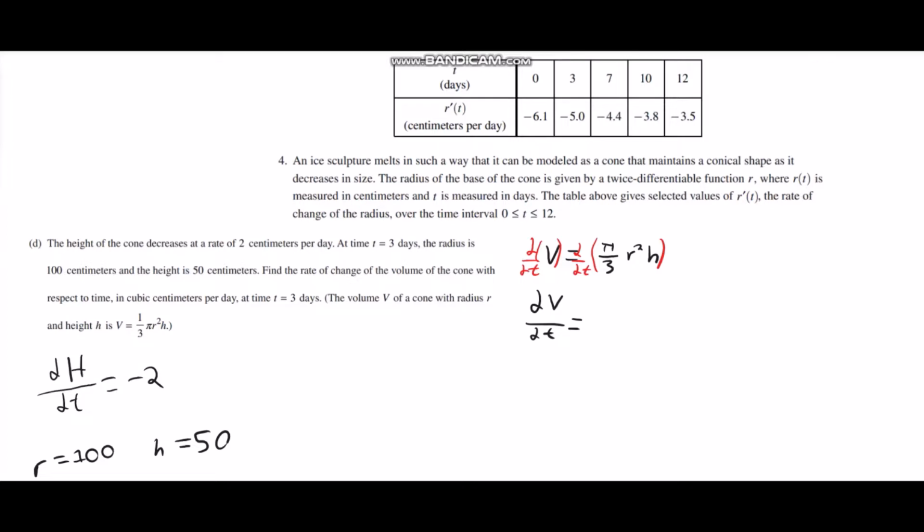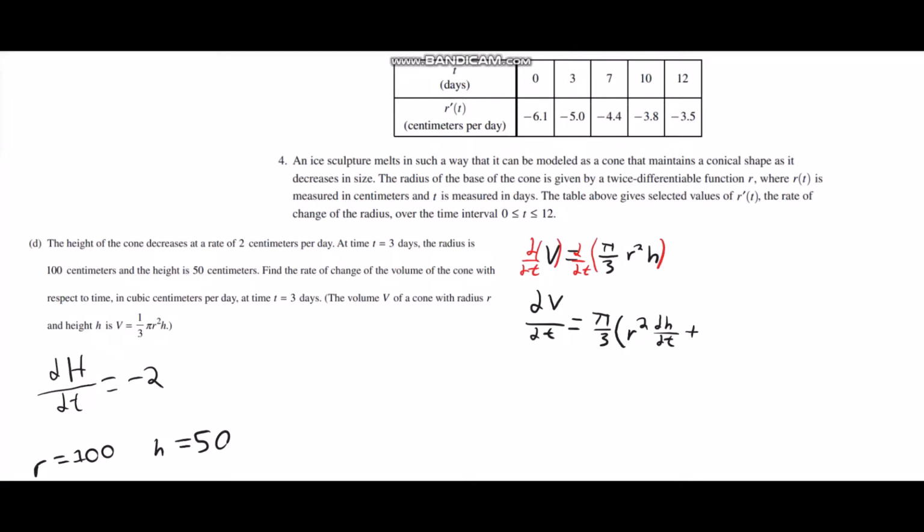And this equals, so we have the pi over 3 first. That's a constant multiple, so we'll just keep that. Now let's do this carefully. We're differentiating r squared h, and r and h are both functions of t, so we have to use the product rule here. Let me open a parentheses for the result of the differentiation. To use the product rule, I will keep the first function, which is r squared, multiply by the derivative of the second, which is the dH dt.